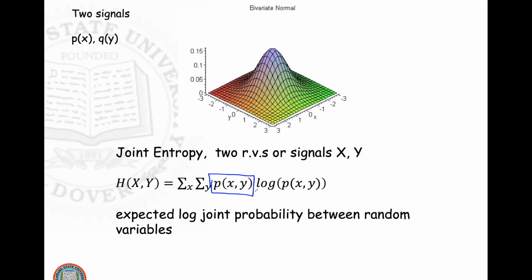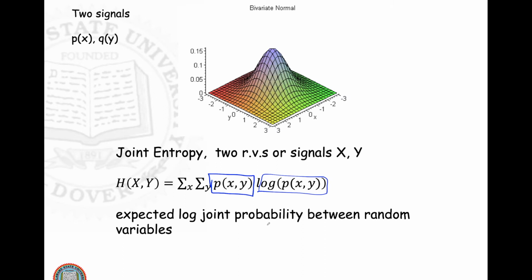And so here we have log of P of xy. So this is nothing more than the average of the log joint distribution between these two signals governed by this joint probability P of xy. So we could say this differently, the expected log joint probability between the random variables.